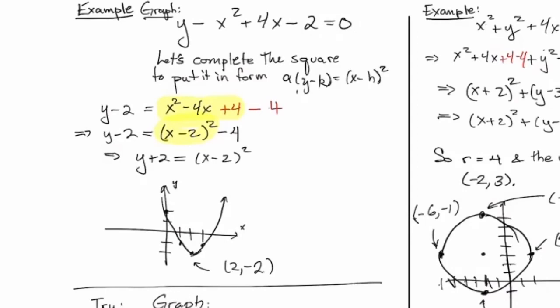And then we add the 4 to both sides to get that. So now this is in a form that's something that we know how to graph. We can identify the vertex as 2, -2. And the y scale is not compressed. These marks are 1, 2, 3, and so on. So I'm not going to write them there to clutter the picture.